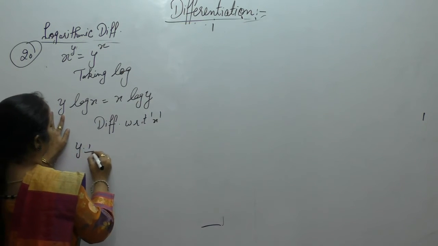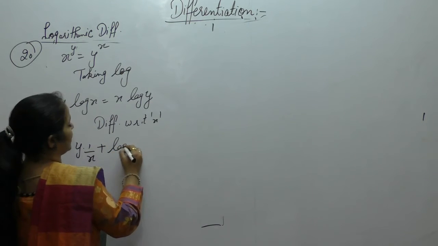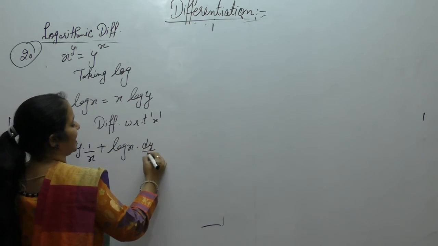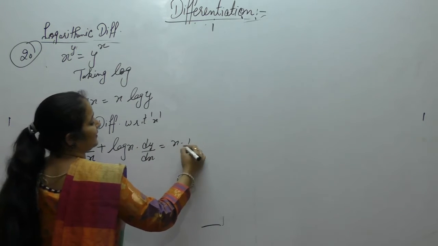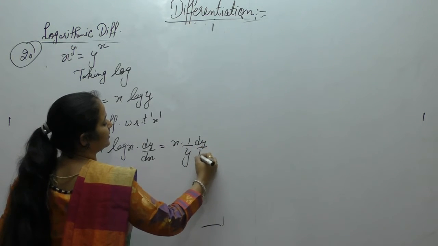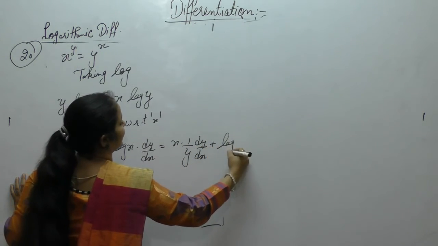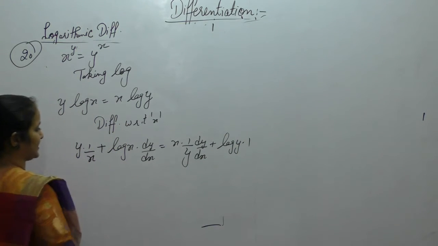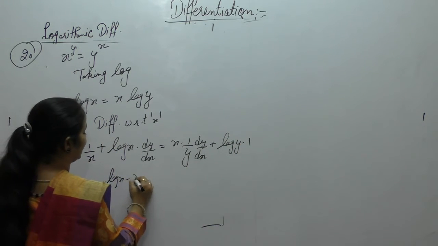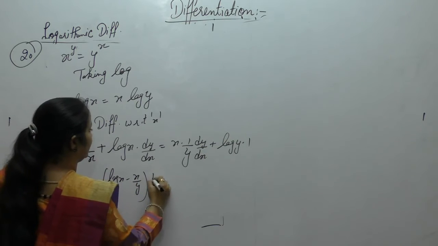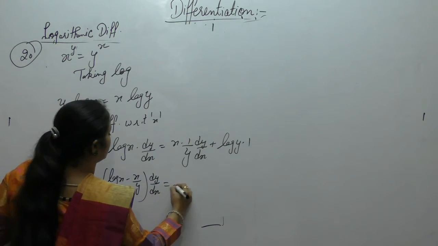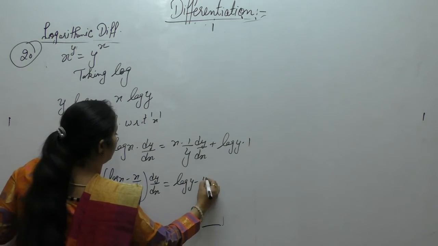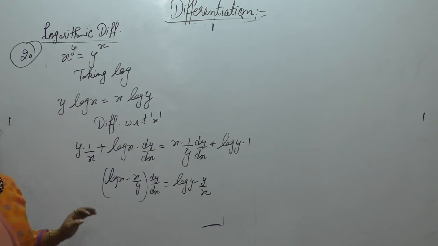First, derivative of log x, 1 upon x, plus log x as it is, derivative of y, equals x, derivative of log of y, plus log of y as it is, derivative of x. So log of x minus x upon y dy upon dx is equal to log of y minus y upon x.